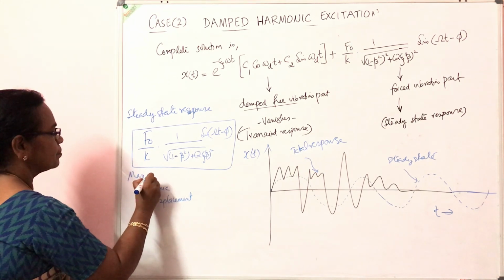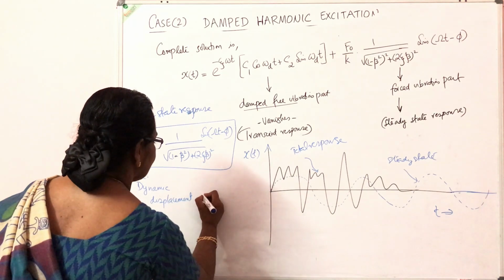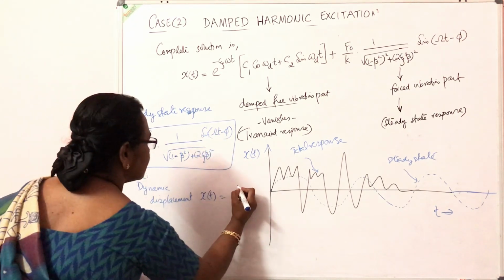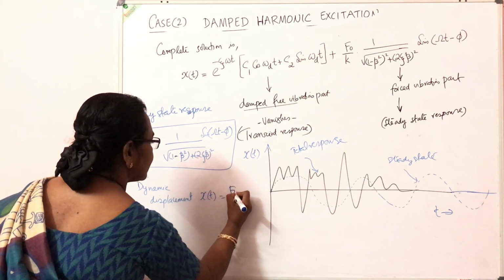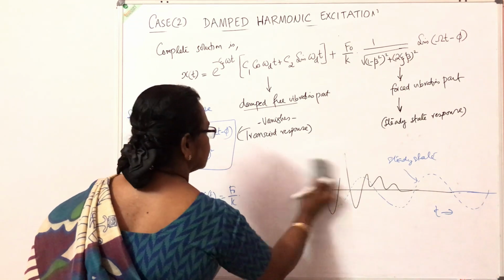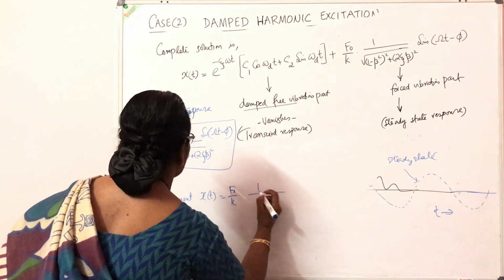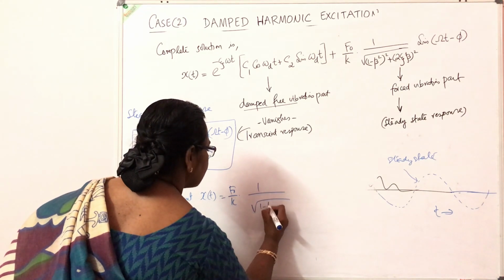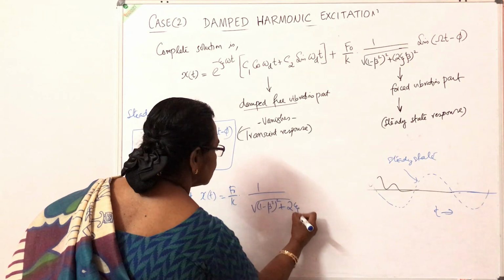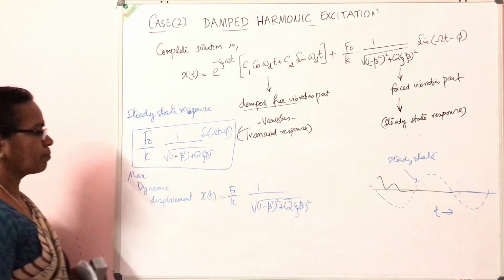maximum value of dynamic displacement at any time will be this term alone, F0 by K into root of 1 minus beta square the whole square plus 2 psi beta the whole square.